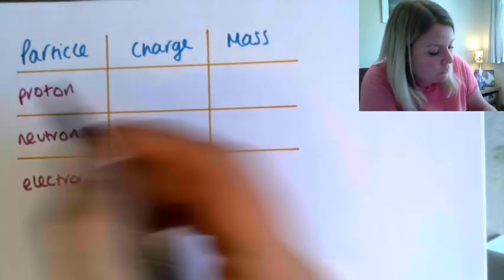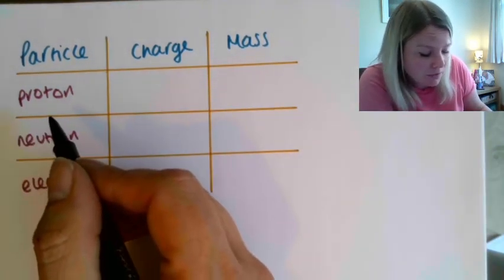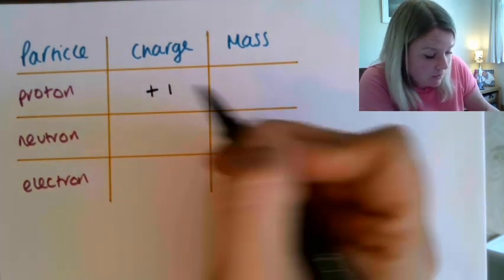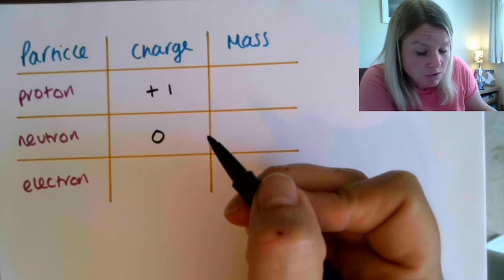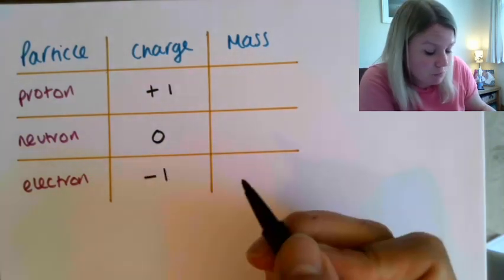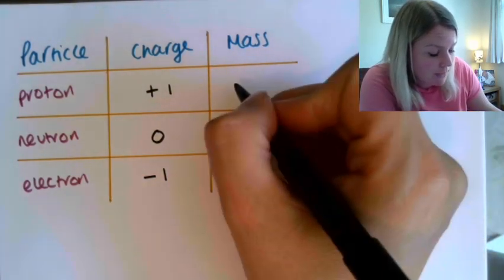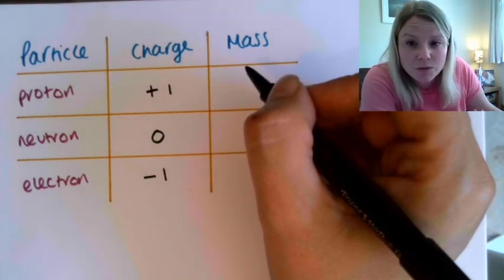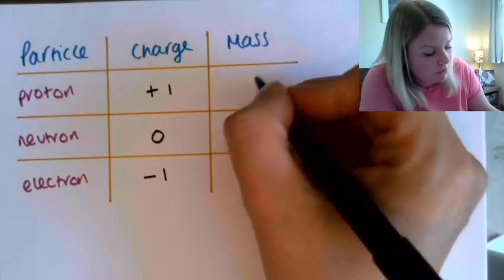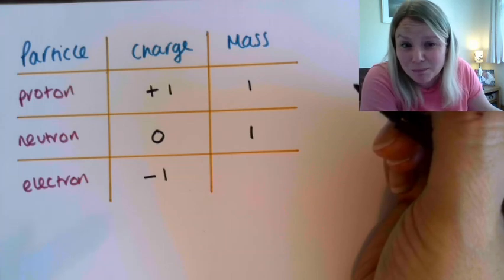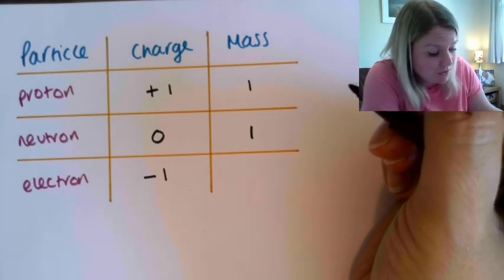Okay, so for the proton, because it's positive, it has a charge of +1. The neutron is neutral, so it has 0 charge, and the electron is negative, so it has a charge of -1. The mass, again, remember this is just relative to each other. The proton and the neutron are relatively big and about the same as each other.